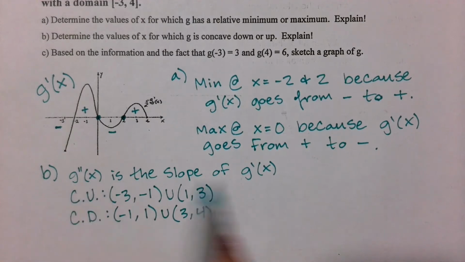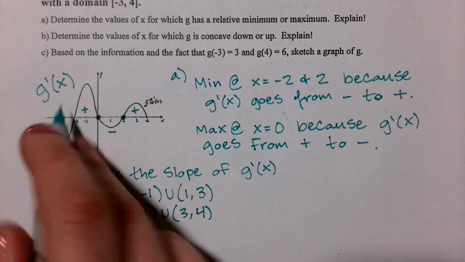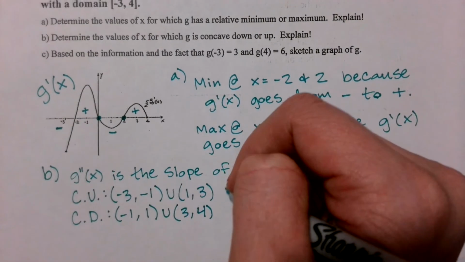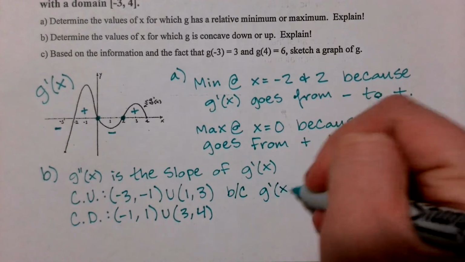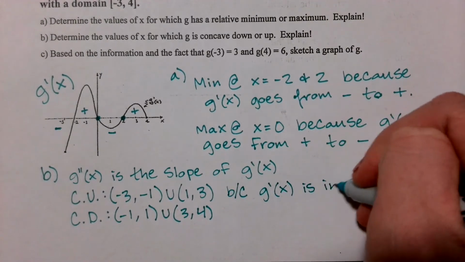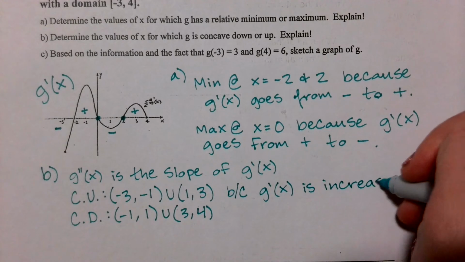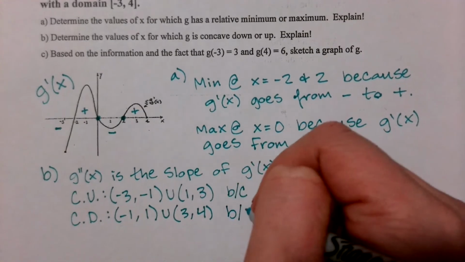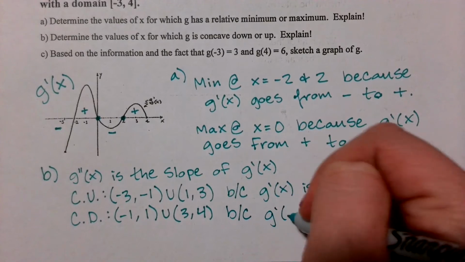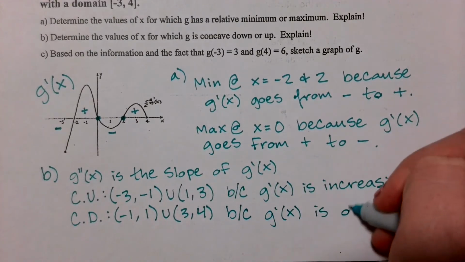Well, actually, even if we didn't say that, either of those explanations work. Since we're looking at g prime, let's go ahead and use that. So we'll say because g prime is increasing, and then we've got concave down because g prime is decreasing.